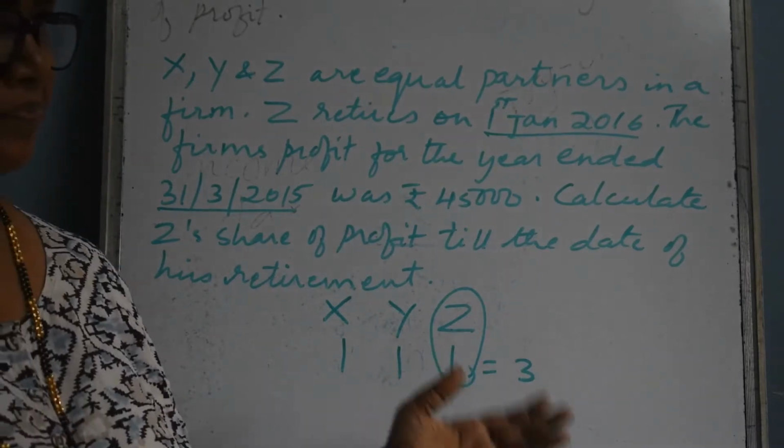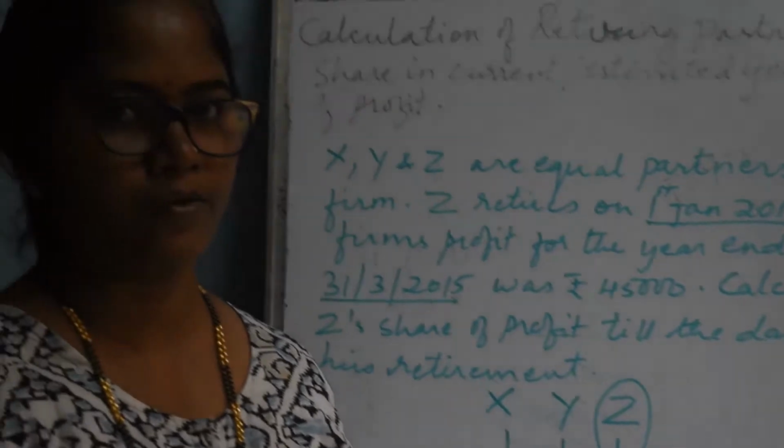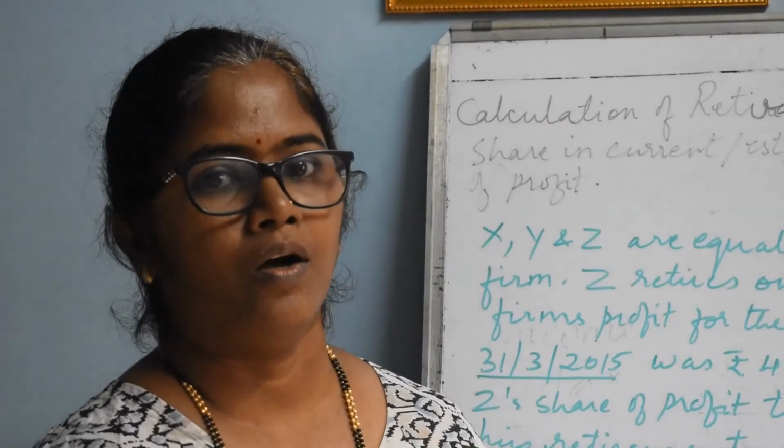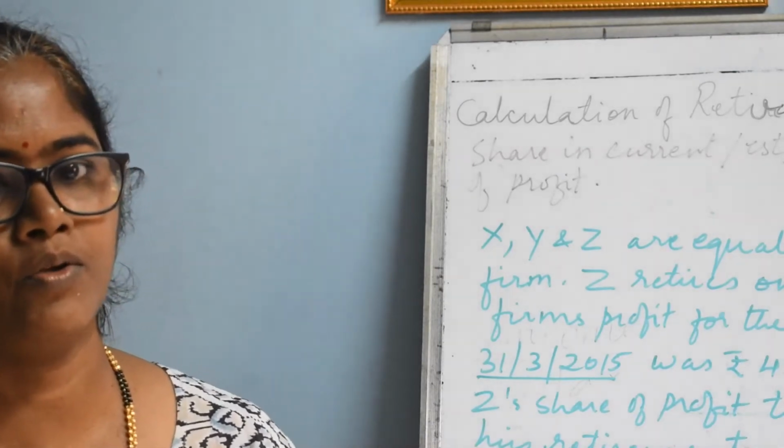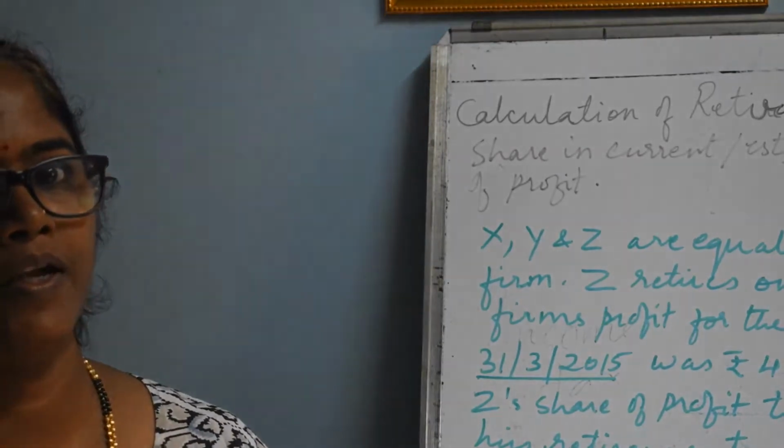The method of calculating his share of profit is that we estimate that this year also we are going to earn the same amount of profit as last year, and in that profit we are going to give his share.